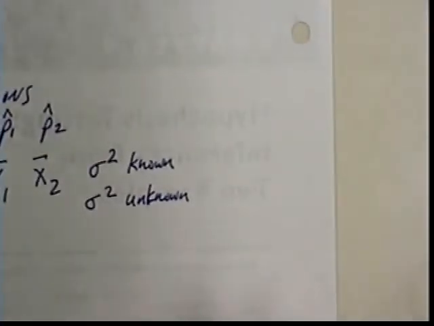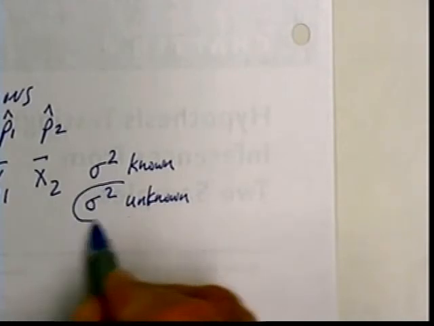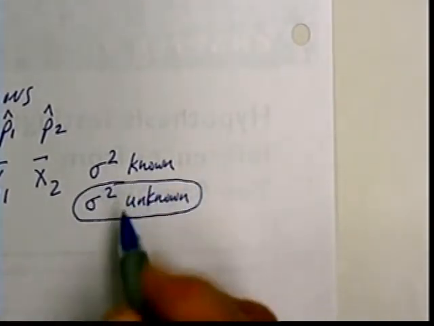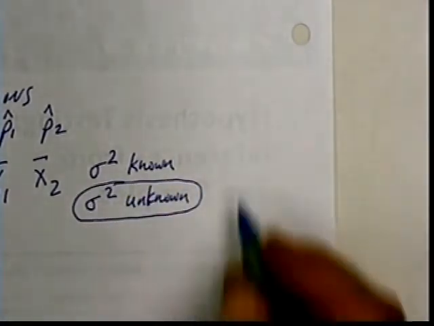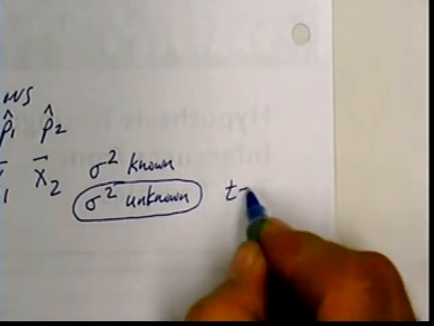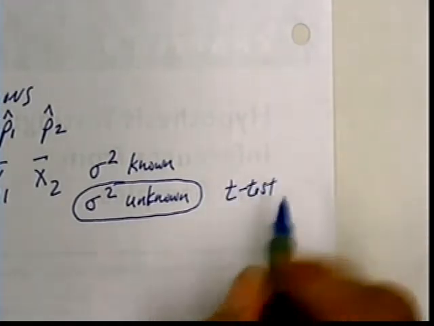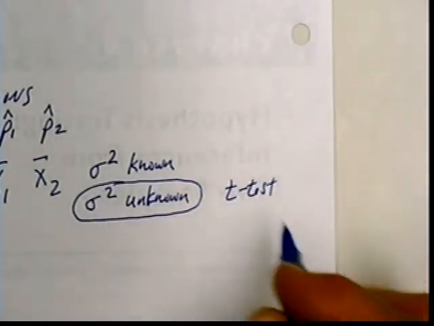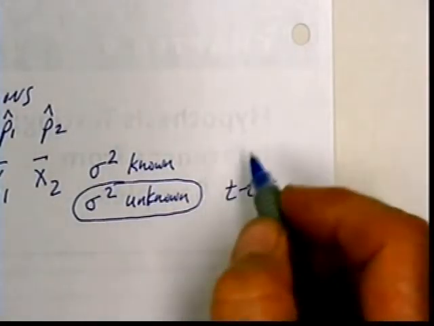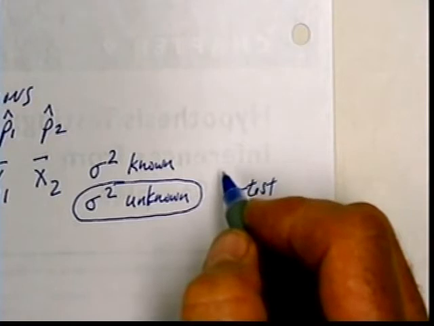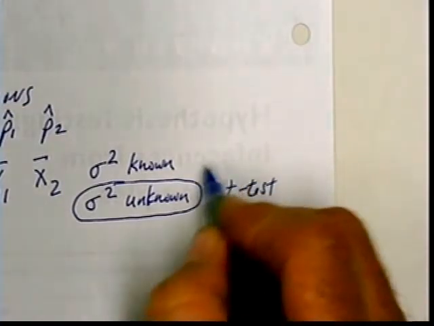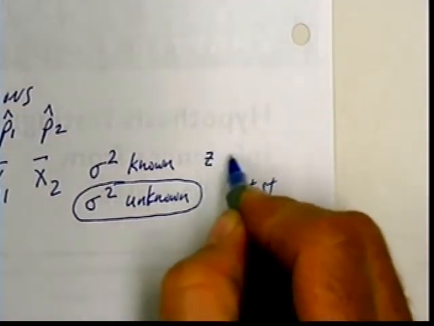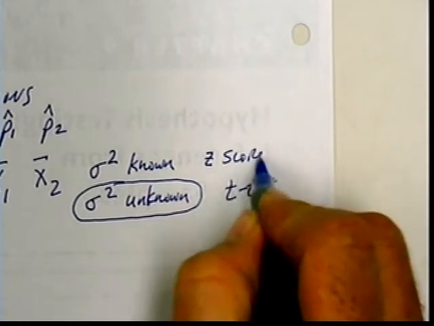Now, the majority of the time, the variance will be unknown, and that typically uses the t-test. There will be some situations where the variance will be known. It's been studied enough to where it can be assumed, such as in IQ scores or something like that. And then you would use the z-score.